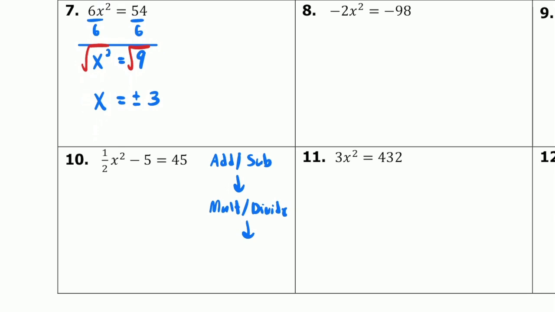And then once we do that, we then take the square root. Okay, so first we're going to add or subtract, then we're going to multiply or divide, and then we're going to take the square root.